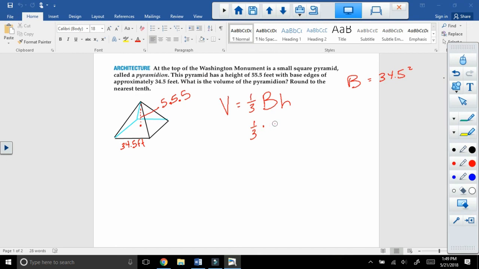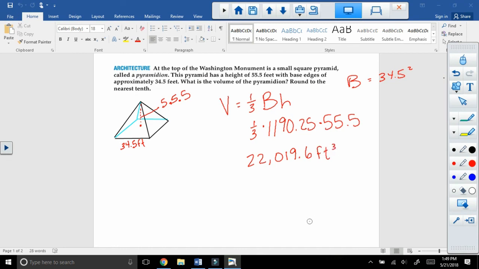So 1/3 the area of the base, which is 1,190.25, times the height of this pyramid, 55.5. So I'm just going to take my calculator and multiply that together. The volume would be 22,019.6, and that is cubic feet.